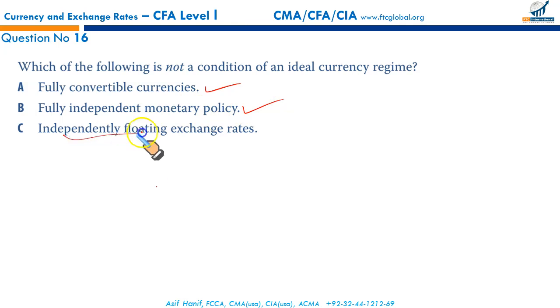But independently floating exchange rates, this would cause uncertainty with regard to prices of goods and services, as well as real and financial assets. Right? So to eliminate this currency related uncertainty, an ideal regime would be a fixed exchange rate among all currencies. So this is not correct. This is not a condition of an ideal currency regime.